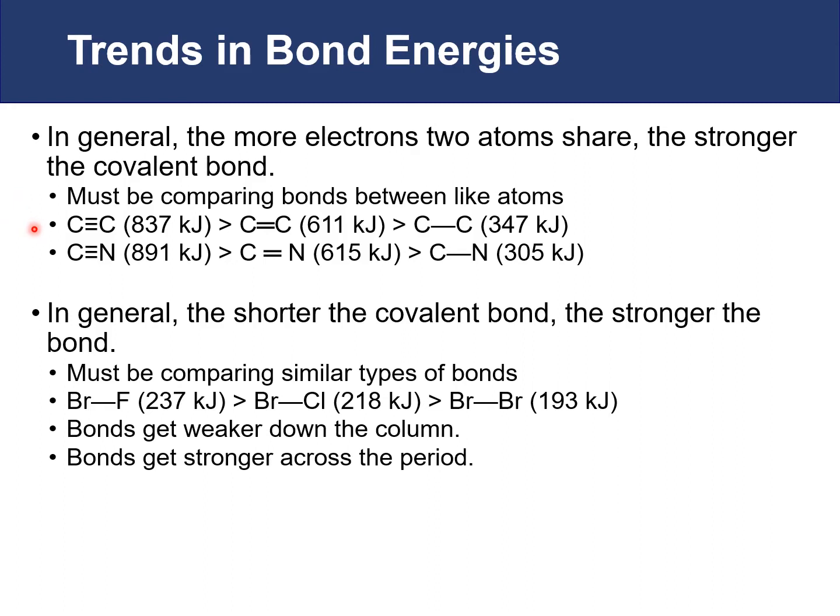For example, a carbon-carbon triple bond has a bond energy, or the amount of energy that is required to break the bond, of 837 kilojoules per mole on average. For carbon-carbon double bonds, the energy to break the bond on average is 611 kilojoules per mole.